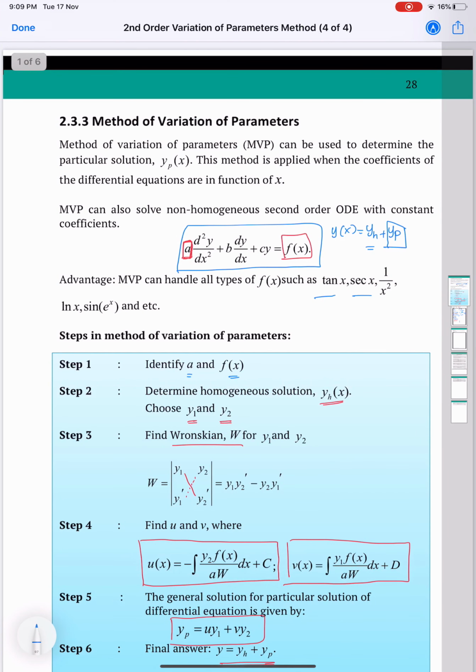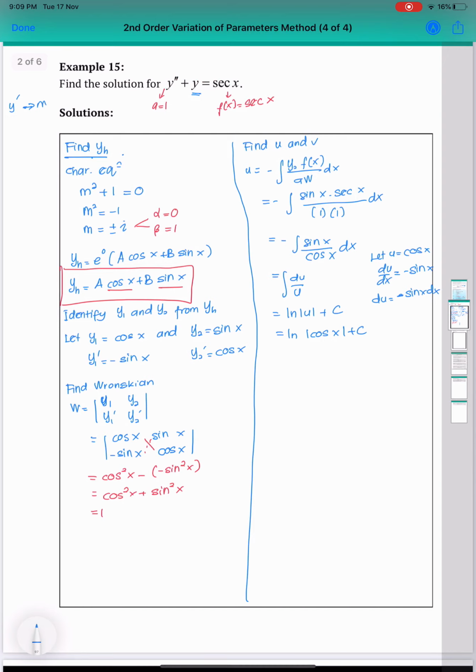Next I have to find v. v is equal to integrate y1 f(x) over a W dx. So this is my u, and v equal to integrate y1 f(x) over a W dx. So y1 is cos x.